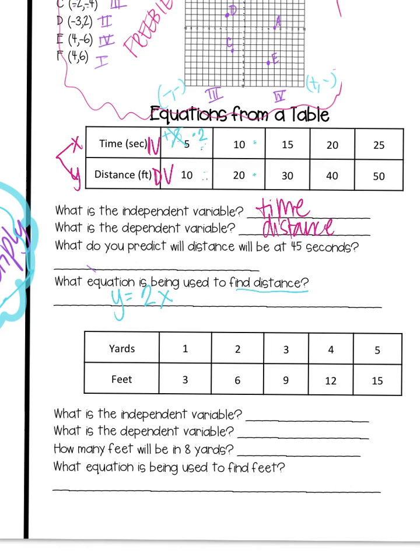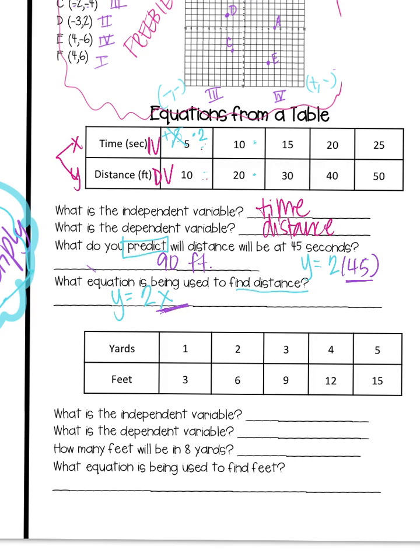So my question says, what do you predict the distance will be at 45 seconds? Well, y equals 2 times 45. I'm substituting this for that, right? So what is it? 90 feet. So they're basically doubling it, right? They're doubling from however many seconds they go, they double their answer.